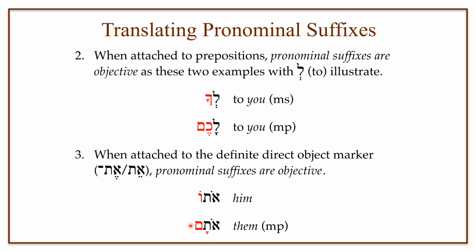In this case, it's an alternate ending, and this is a way to create the pronoun as a separate word, and this just means him, all right? Or you could just put the ending on the end of a, well, that's actually more appropriate for verbs, which we'll get to later. But if you want to have the separate word for him, you can make it by just attaching the pronominal suffix to the direct object marker.